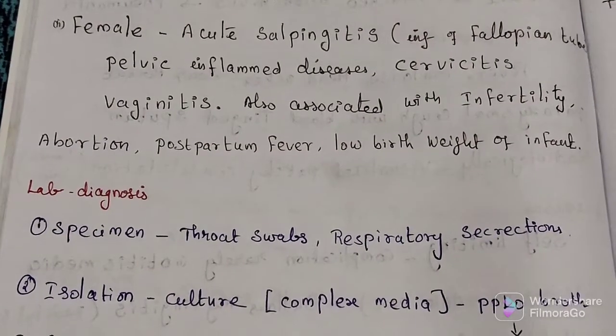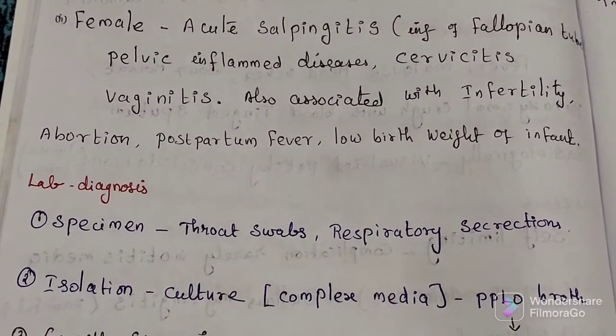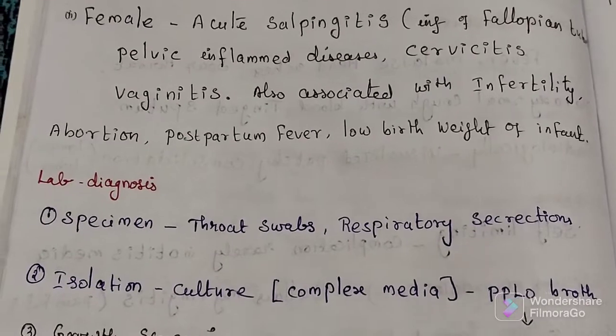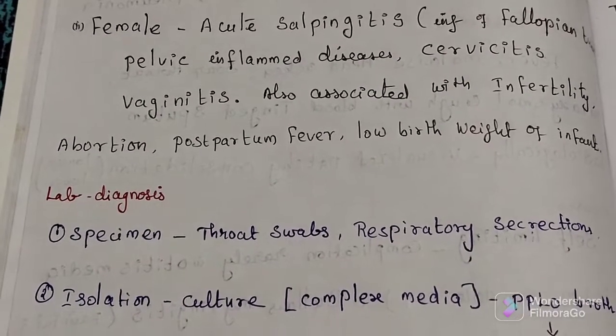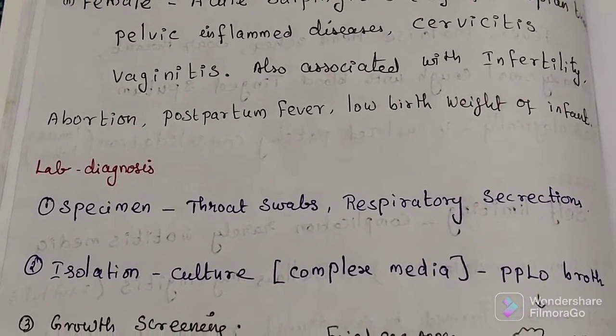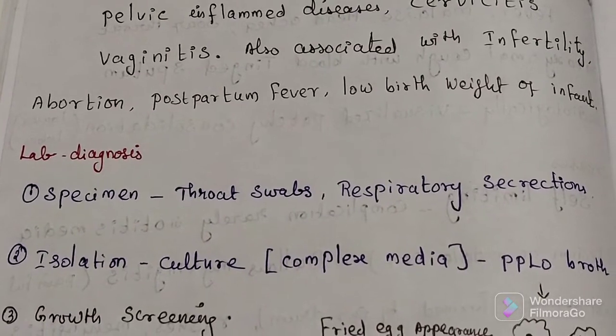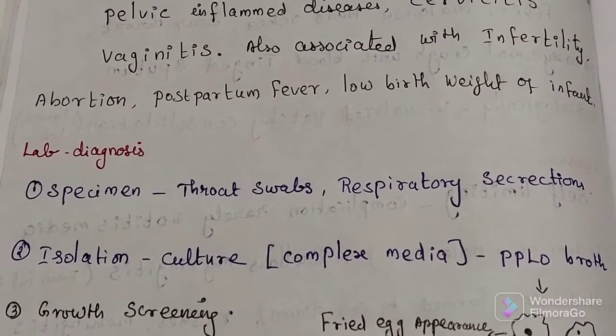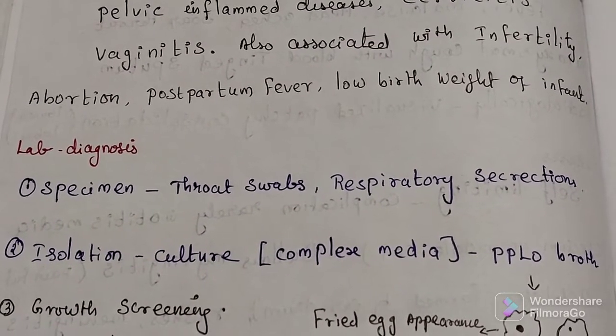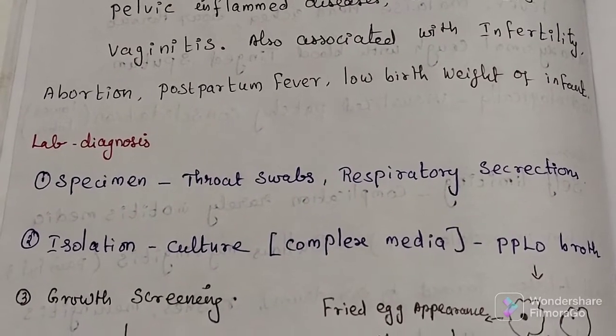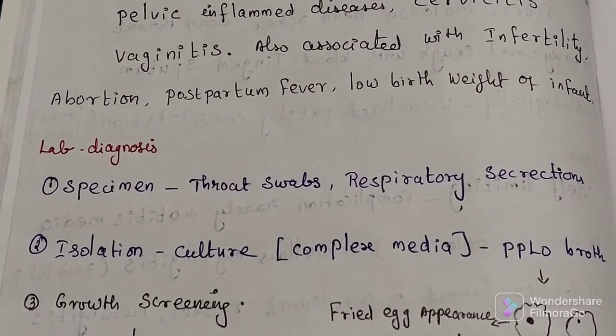Next one is laboratory diagnosis. First is collection of specimen for isolation. Specimens collected are throat swab and respiratory secretion. Second is isolation.